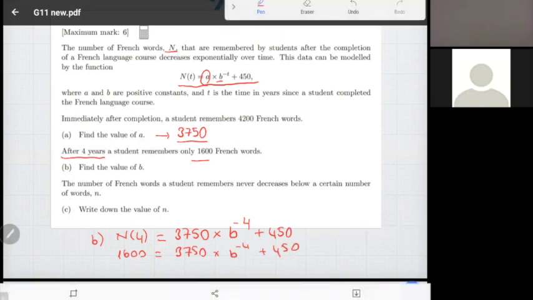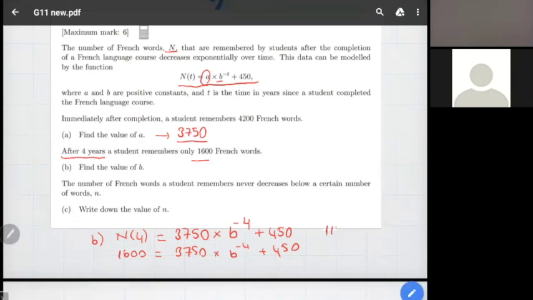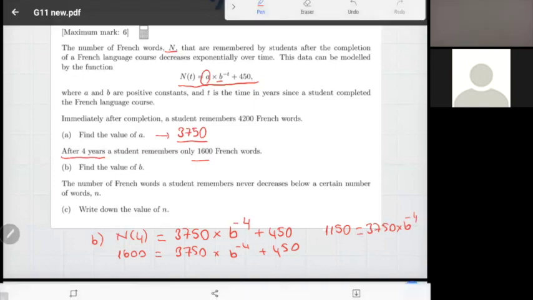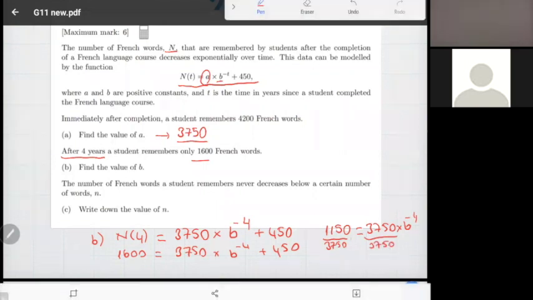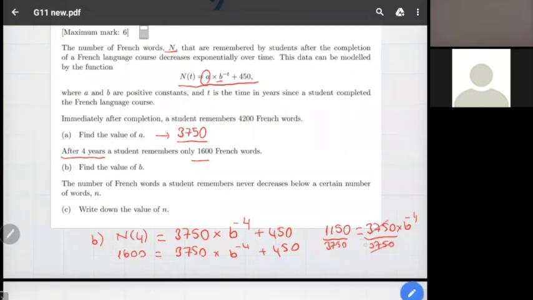First of all, we need to move this number to the other side, and then we get that 1,150 is 3,750 times b to the power negative 4. And then we need to divide both sides by the coefficient of b. So divide by 3,750, divide by 3,750, and then we get that it is gone now.